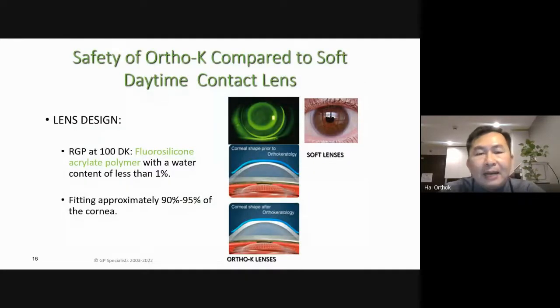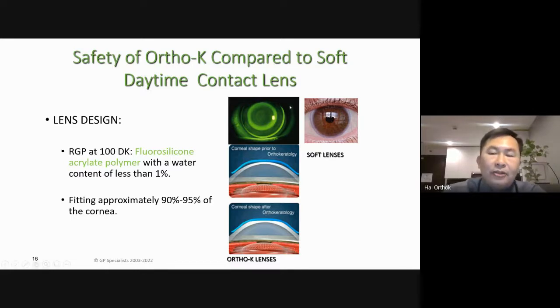My first lecture might be boring to practitioners who know Ortho-K, but please wait for the other 7 lectures. We have to be able to present to the patient the difference between the soft lens and the hard lens.